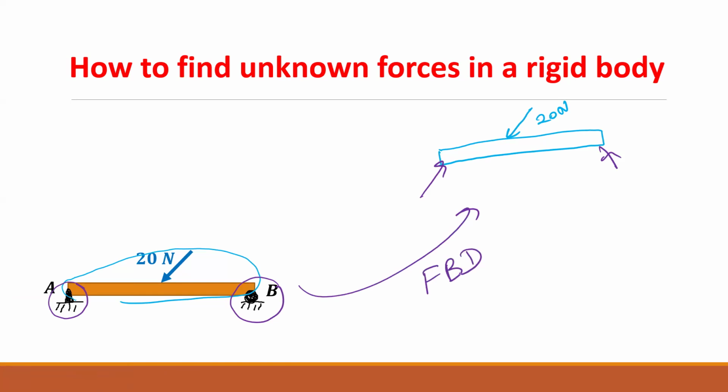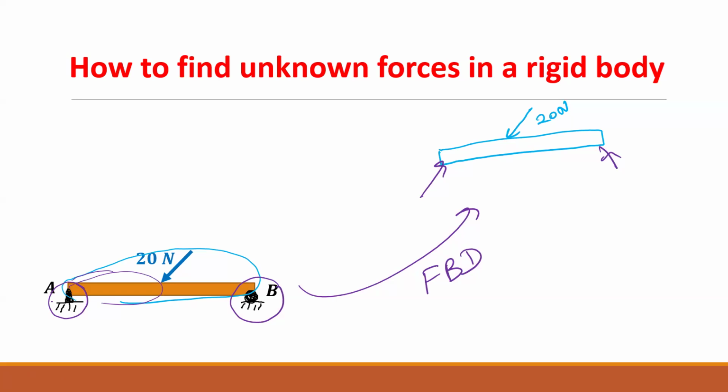So how do we draw it? We separate the part of the structure that you need to consider. It doesn't have to be the whole beam. Later on, when we consider the internal forces, we can even consider a part of the beam. For the time being, we don't have to go to that depth.